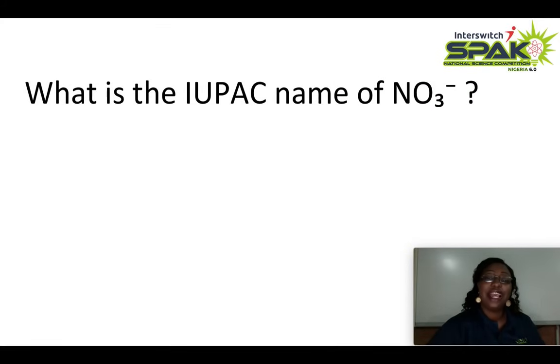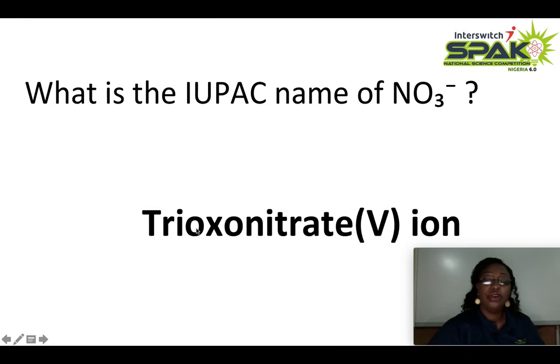Okay, so what's the IUPAC name of NO3 minus? The answer is trioxonitrate(V) ion.